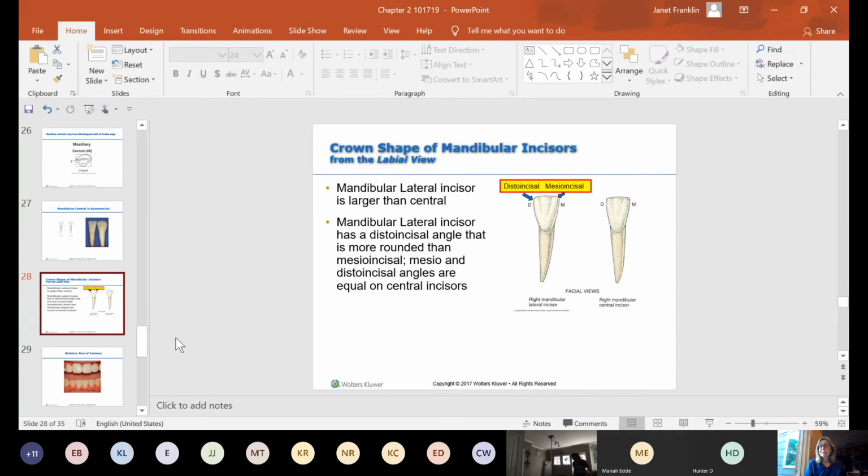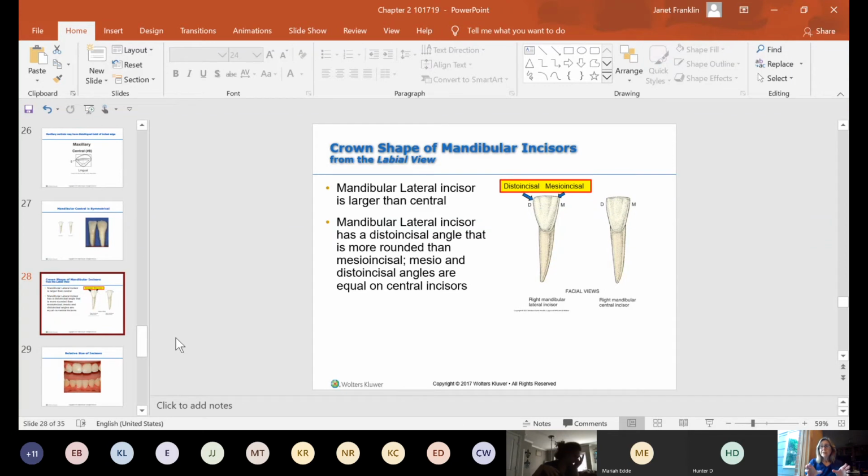They oftentimes, because they move the teeth, are not in the same place where they should be. The patient usually doesn't know which tooth they extracted. You can ask them, but they probably don't know. So if they don't know, you have to identify which tooth is missing. One of the first things you do is look at the size of the crowns.